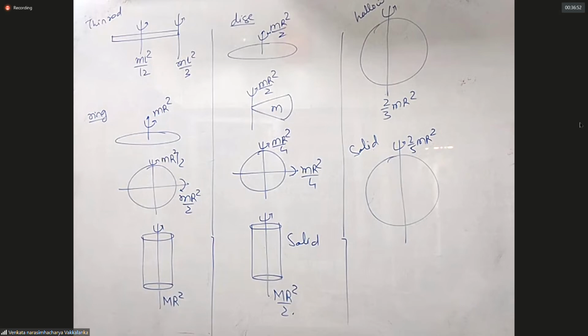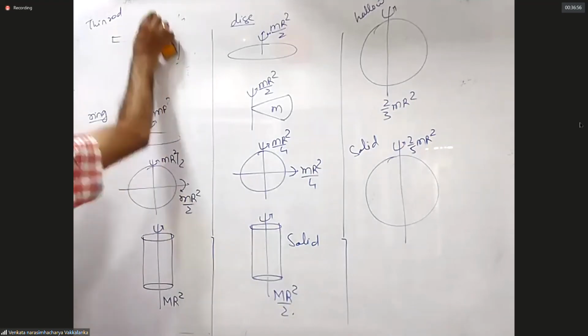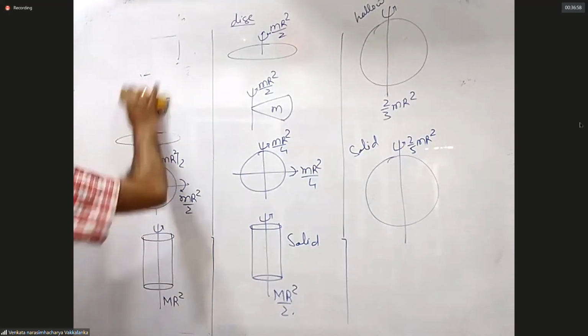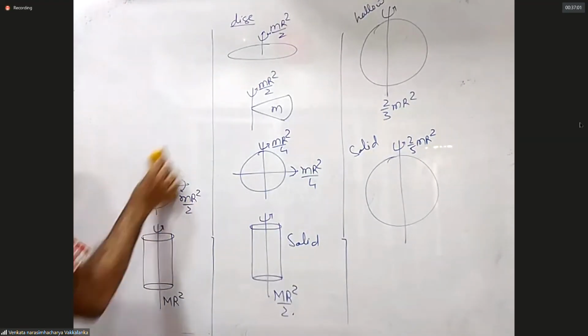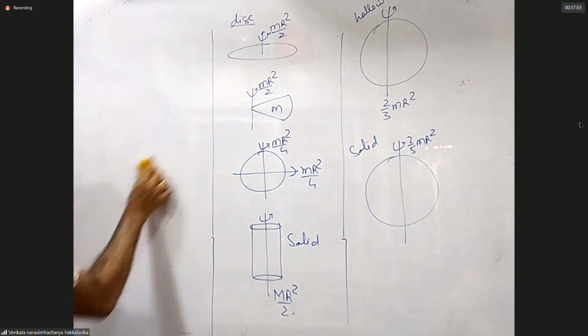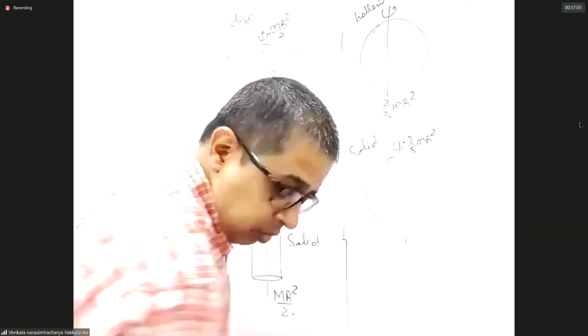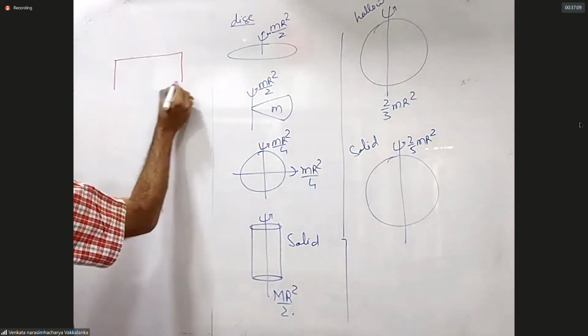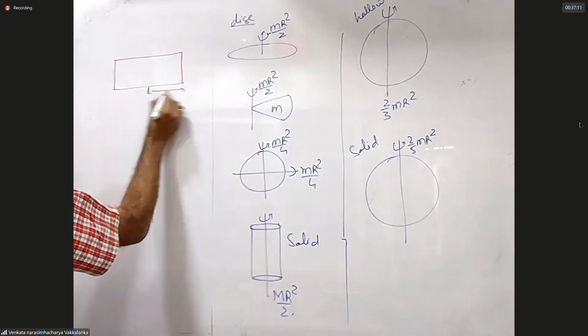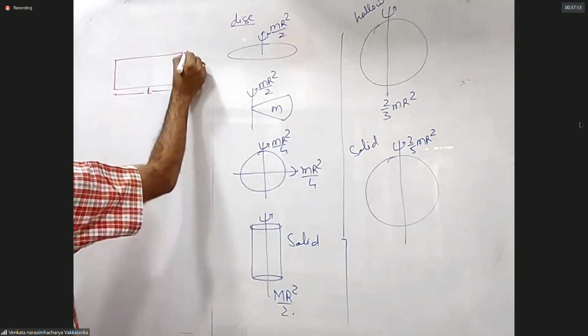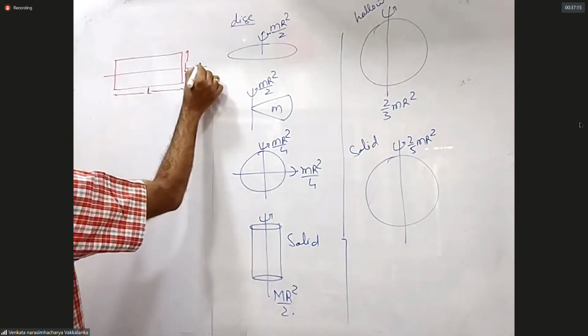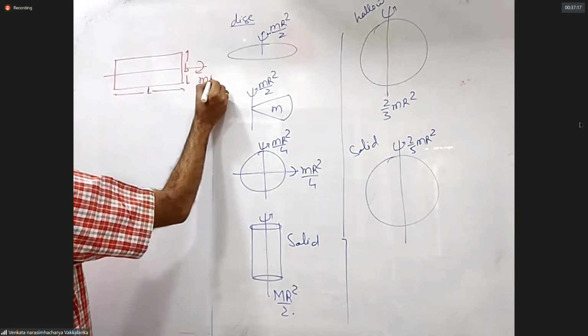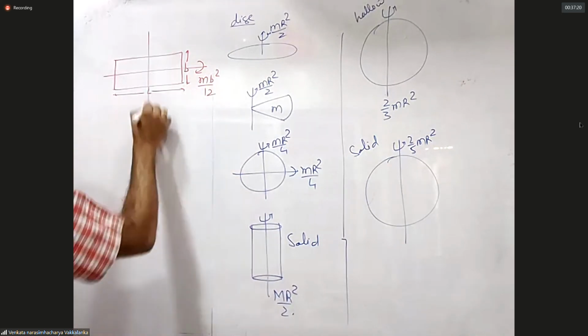Yes, sir. Done. For a rectangular plate, this is of length L, this is of breadth B. About this axis, it is MB square by 12.